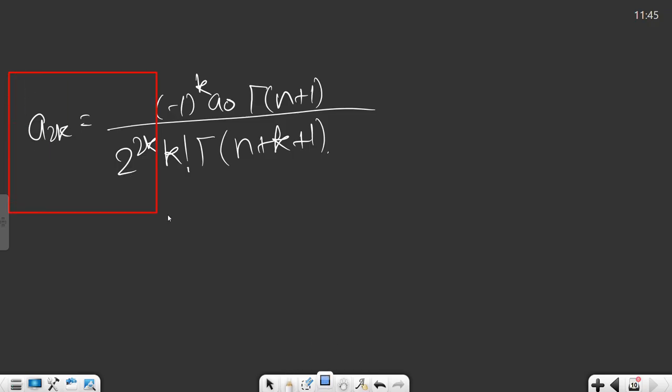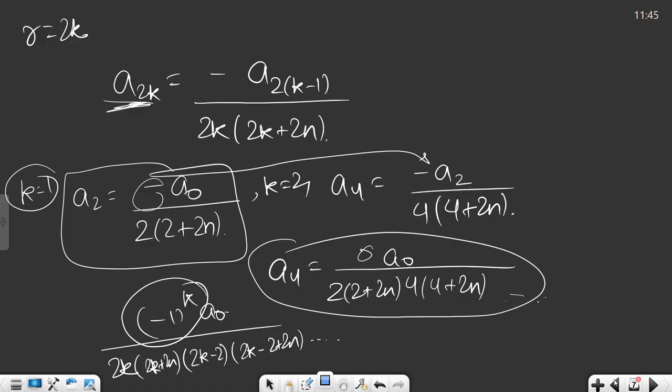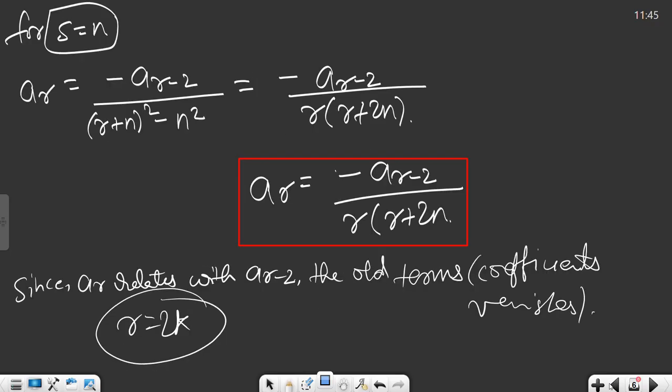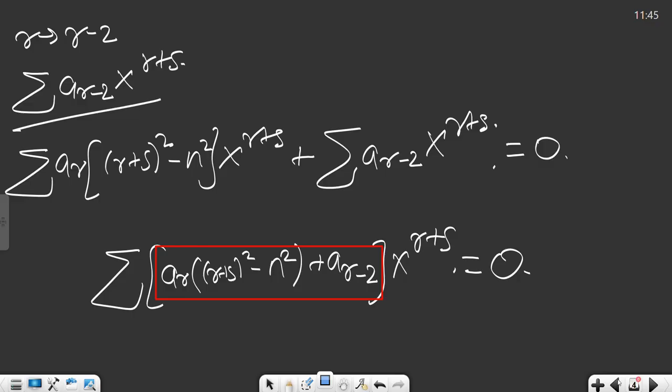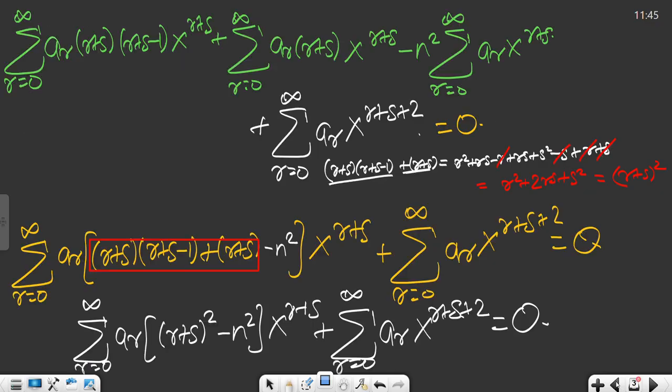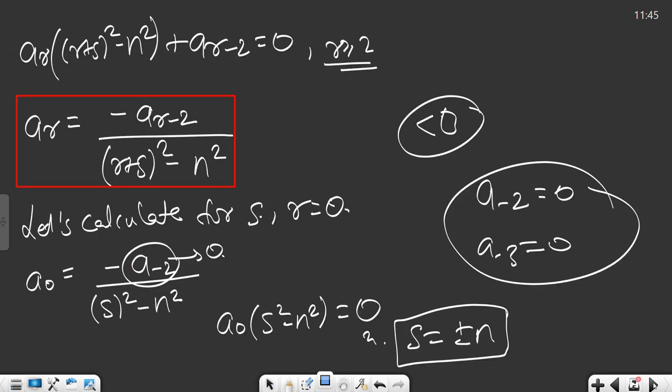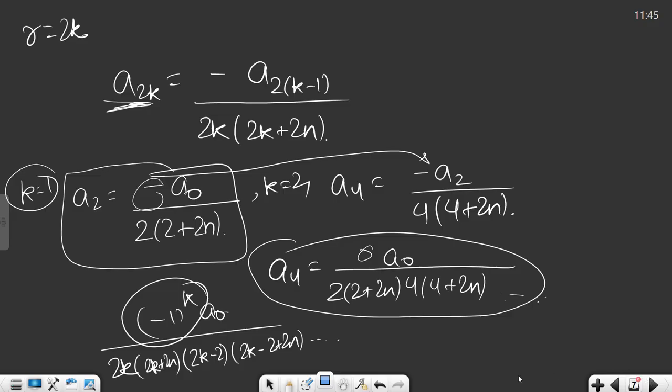Okay, and now we are going to plug this in our sum. So where we had our sum, let me just figure this out. We had replaced r equals 2k.